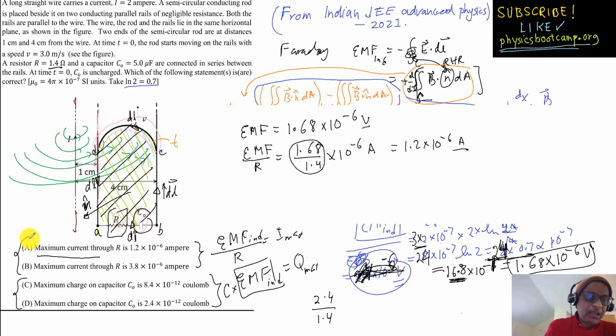So A is correct, B is not correct. To decide between C and D, we need C0, which is 5 microfarad.